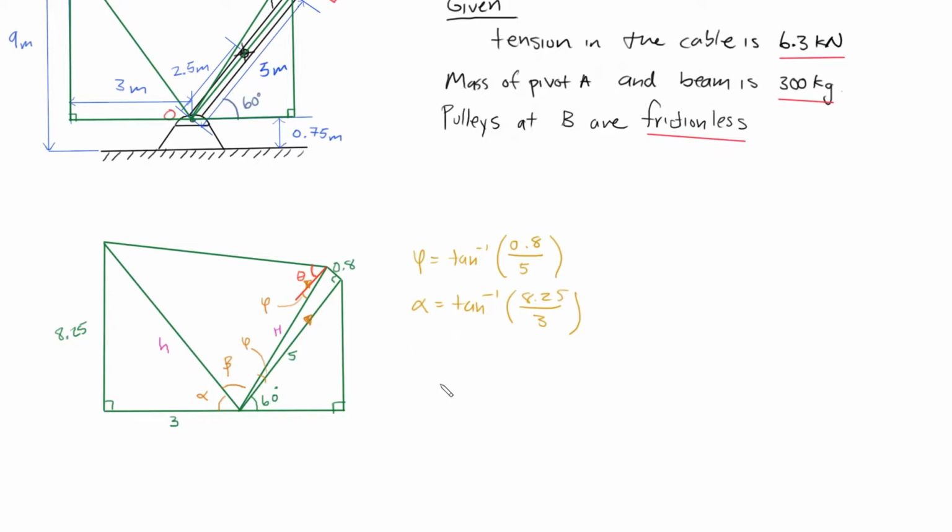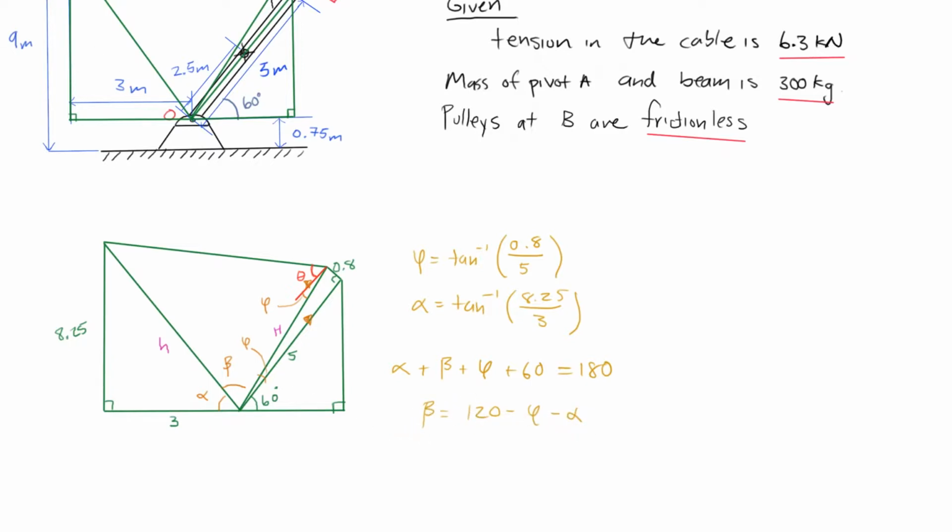And now we could define beta. So this will be alpha plus beta plus psi plus 60 equals 180. So we could define beta as 180 minus 60, that's 120, minus psi minus alpha. So we can define beta in this fashion.